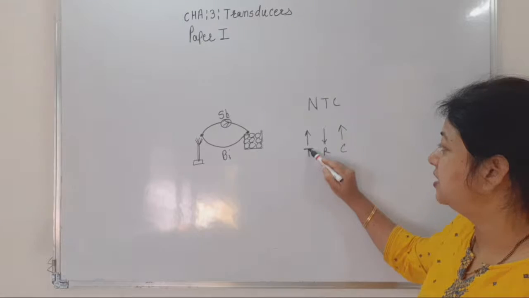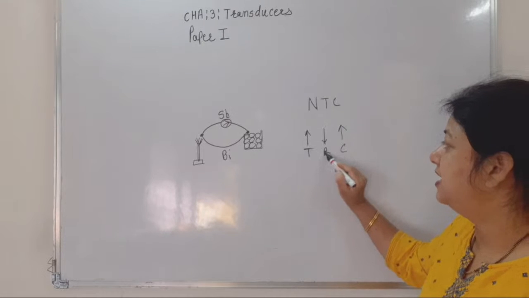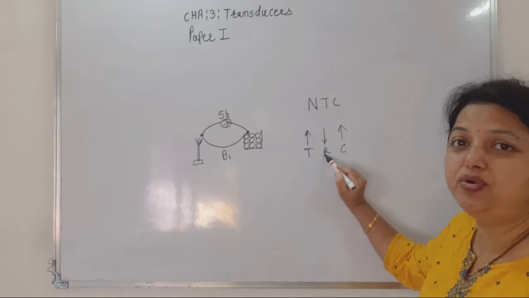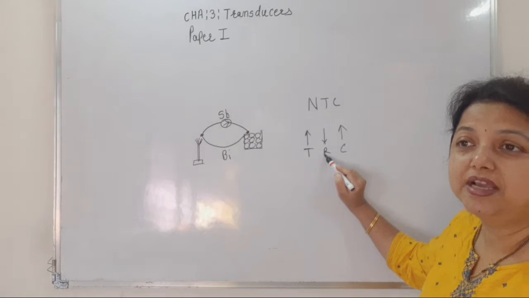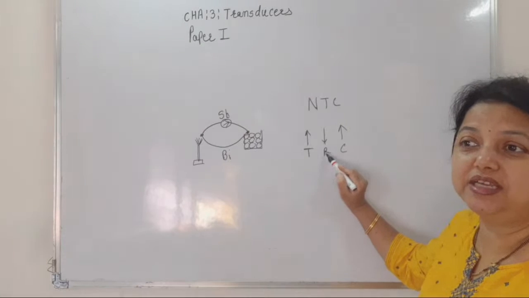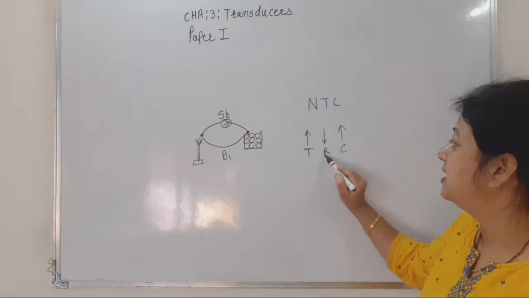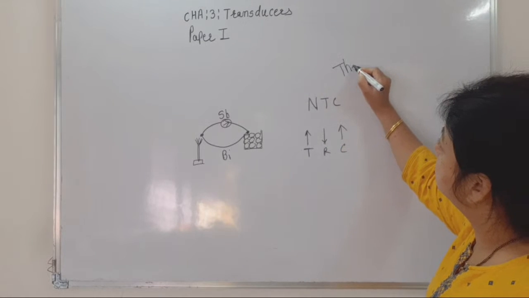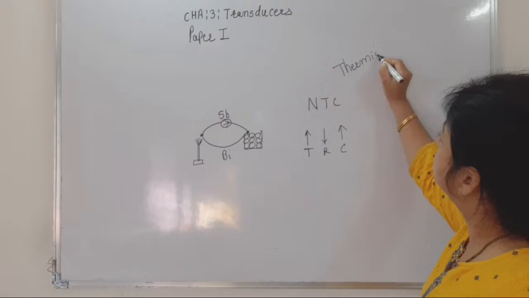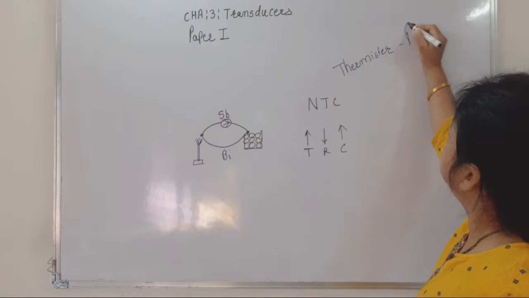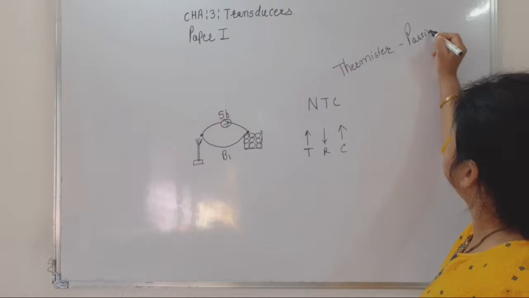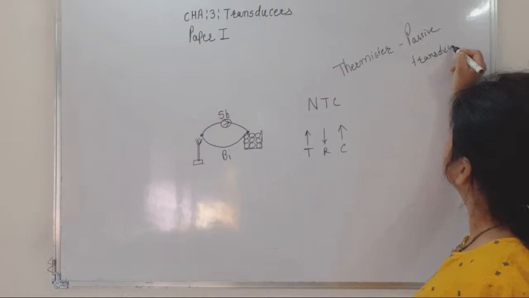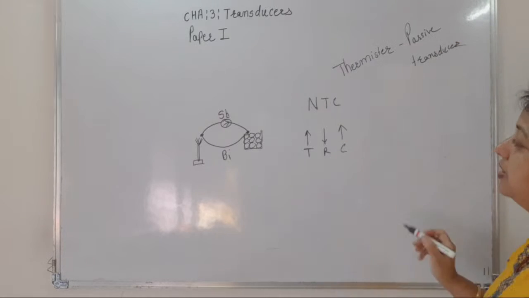Temperature is a non-electrical quantity and resistance is an electrical quantity, but to measure the resistance we have to connect an external power supply, then only we understand whether there is an increase or decrease in resistance. That's why the thermistor is a passive transducer.